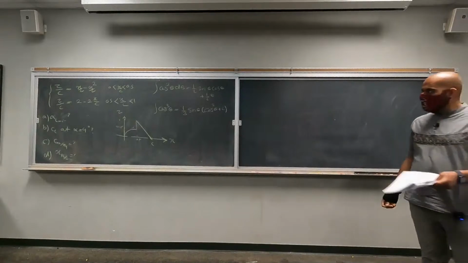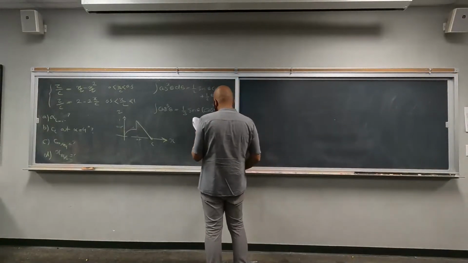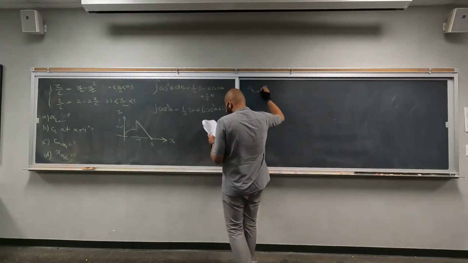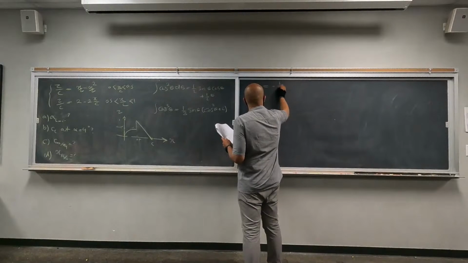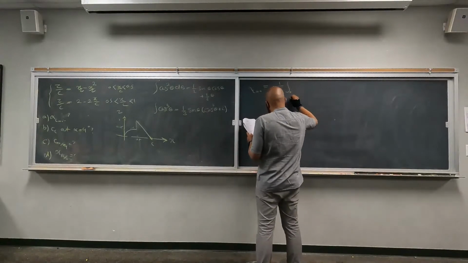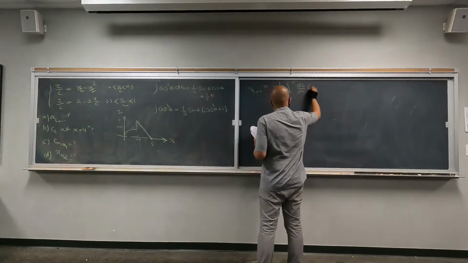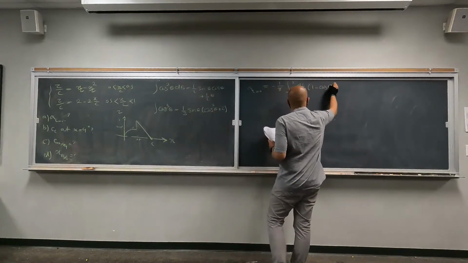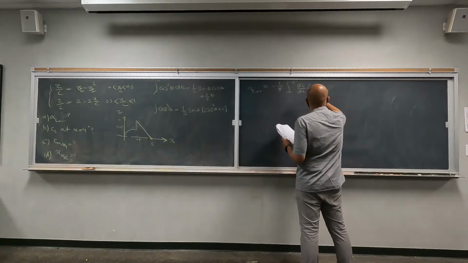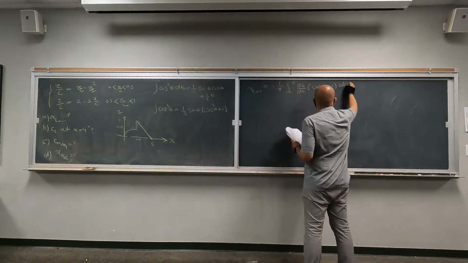Let me actually write down the equations for you, just in case. So zero lift angle of attack is the negative 1 over pi, integral from 0 to pi of dz/dx times (cosine of theta minus 1) d theta.